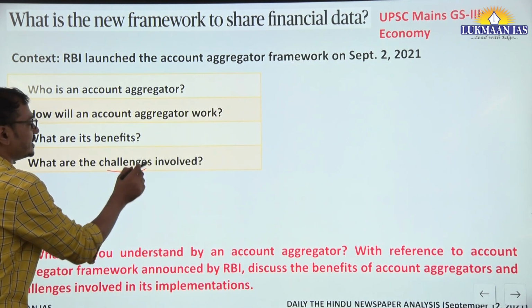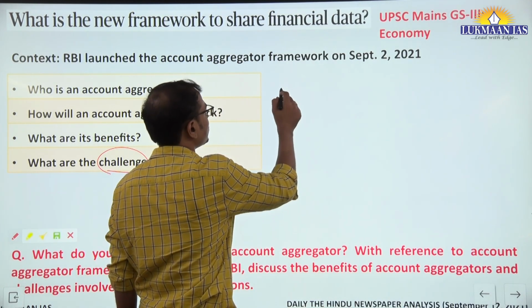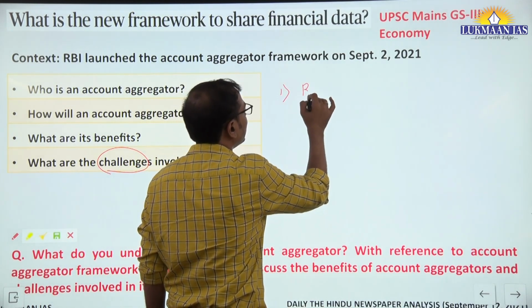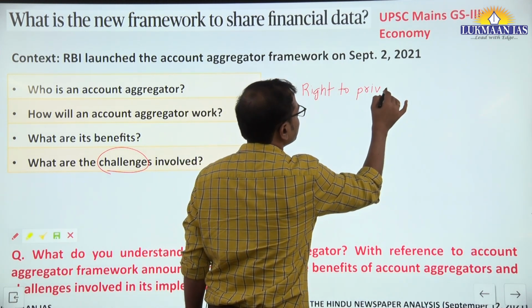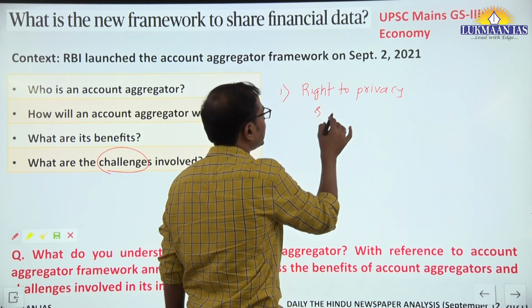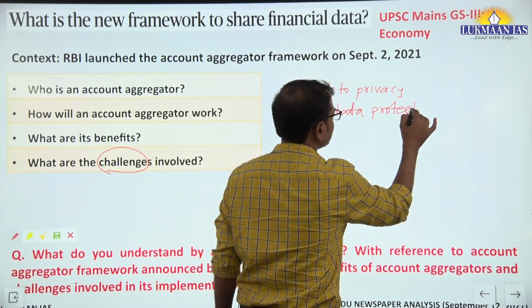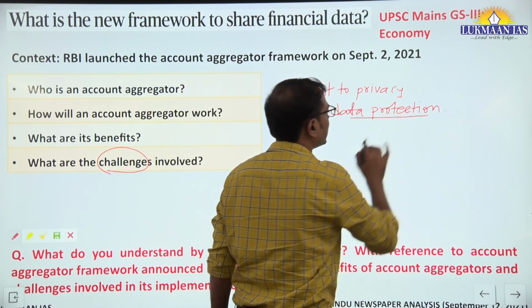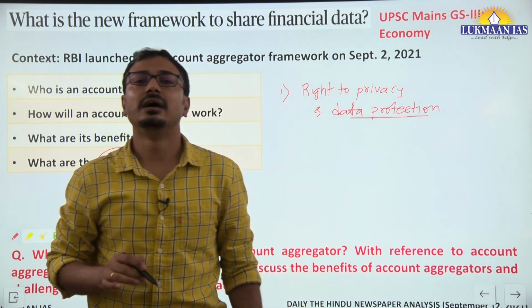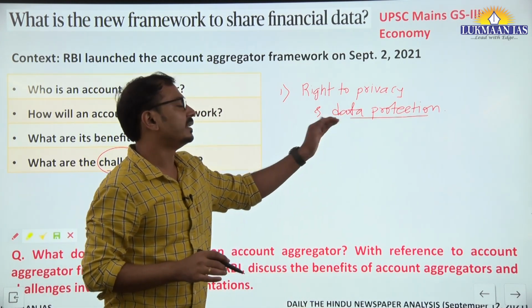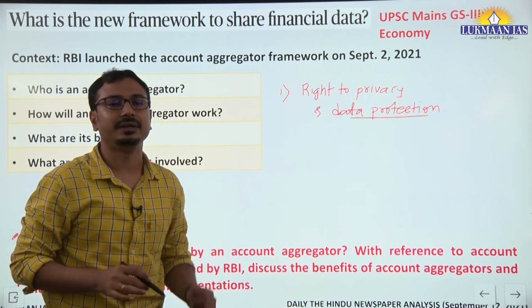Now, what are the challenges involved in implementation? The first and foremost challenge is regarding the right to privacy and data protection, because there is always concern regarding data theft or a third party taking that data away from the storage illegally, right?